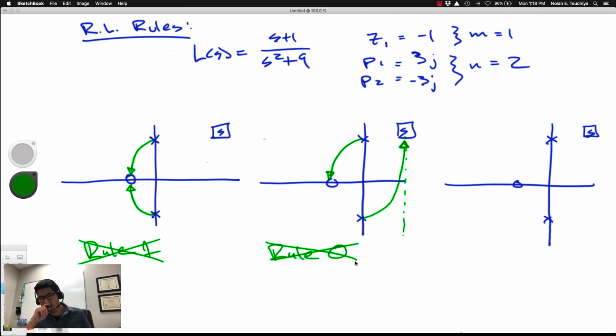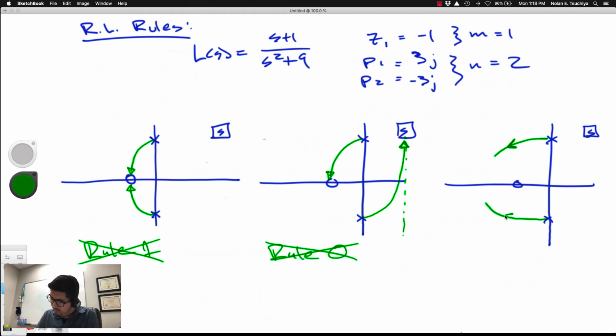So the question becomes, how on earth do we sketch these branches so that it satisfies both rule 0 and rule 1? And the answer is the following. The only way rule 0 and rule 1 can both be satisfied concurrently is for one branch to come out of the pole. Actually, both branches will come out of both poles simultaneously because it needs to be symmetric about the real axis.